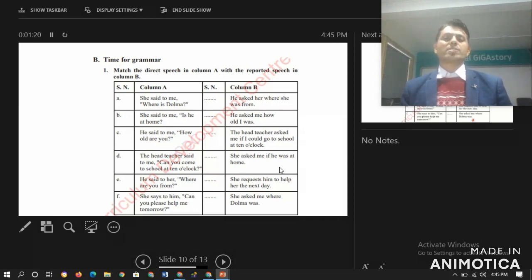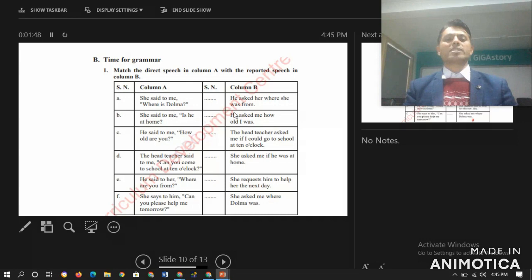Look at column A and column B. Number A: she said to me, where is Dolma? This is a direct question. Now, how can I report it to somebody else?